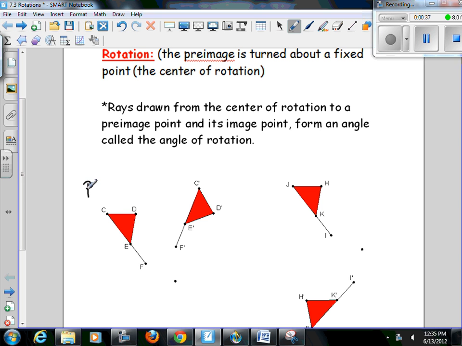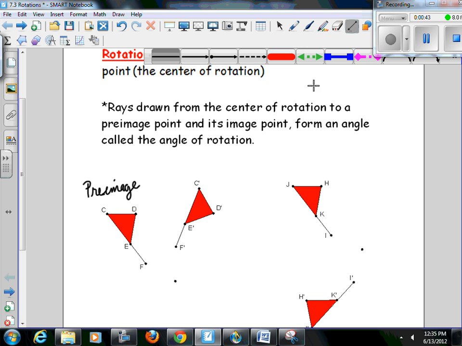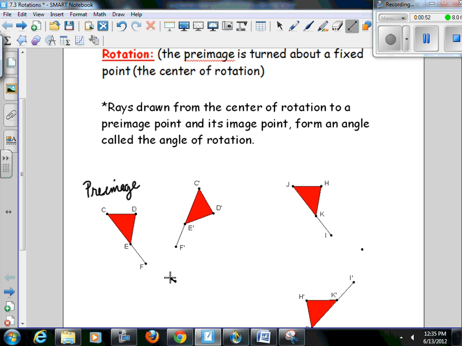So right here is our pre-image. And if you can imagine, we would have a ray drawn from our center of rotation to points on this image.